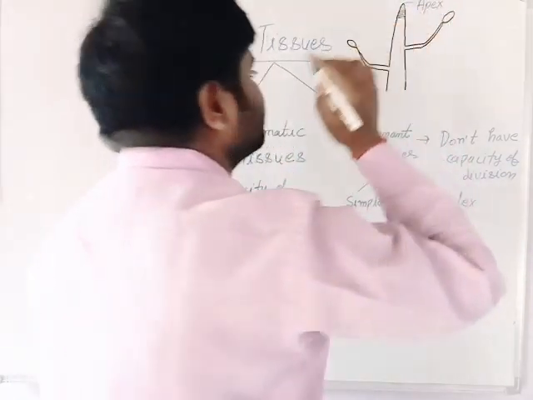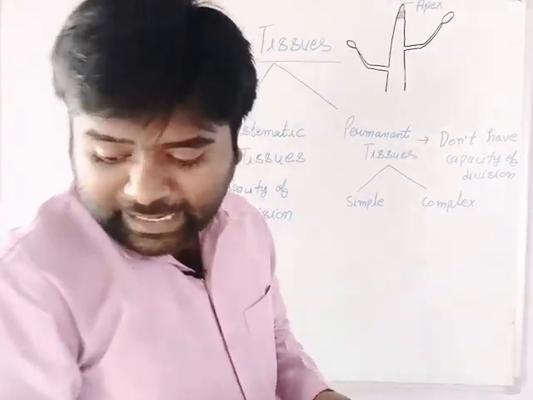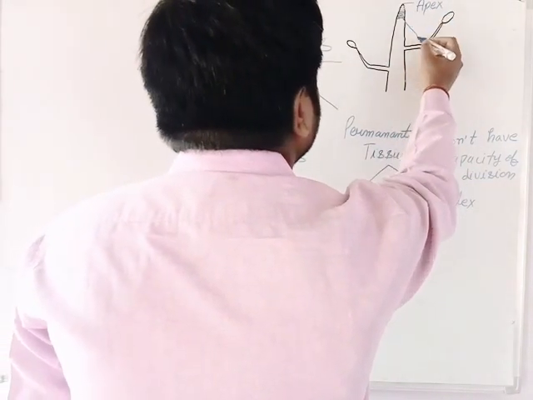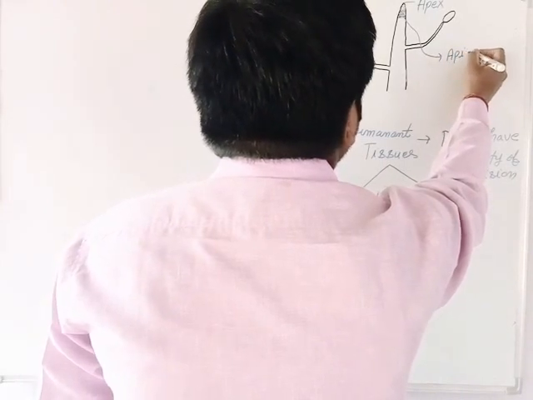These meristematic tissues are also known as meristem. In your book it is given, and this is known as apical meristem.